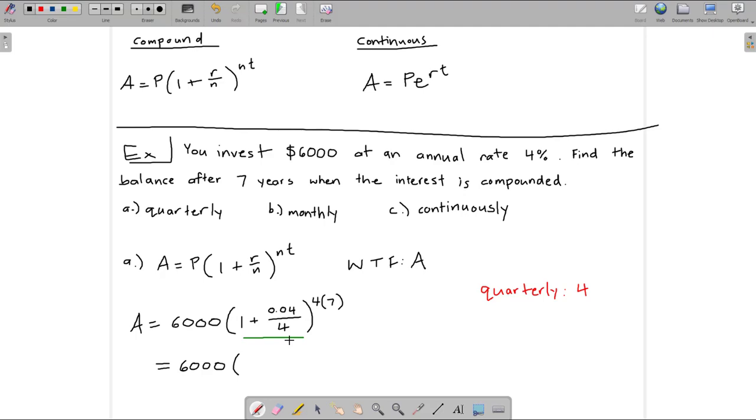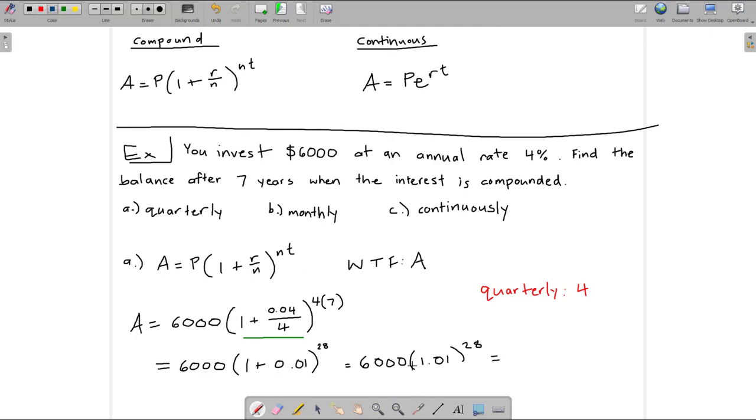And so if I calculate that, I get, keeping the 1 the same, plus 0.01. And then we can resolve this exponent a little bit too. 4 times 7 is 28. So this is what we're working with now. So again, let's leave the 6,000 on the outside. We'll now simplify further in the parentheses. 1 plus 0.01 is 1.01 to the 28th.